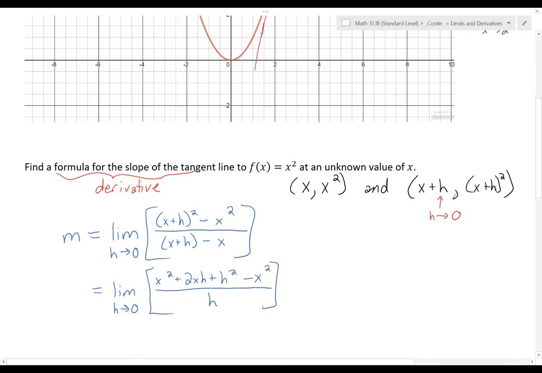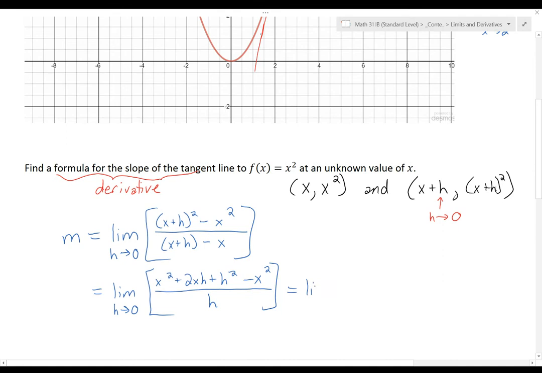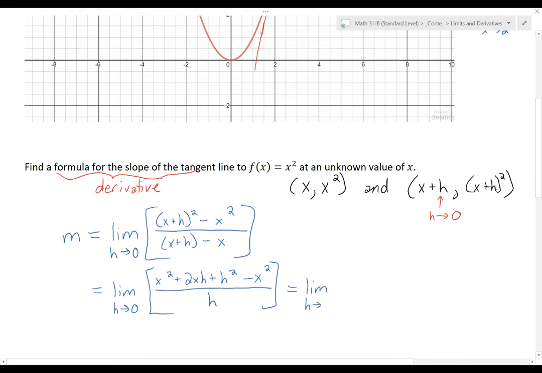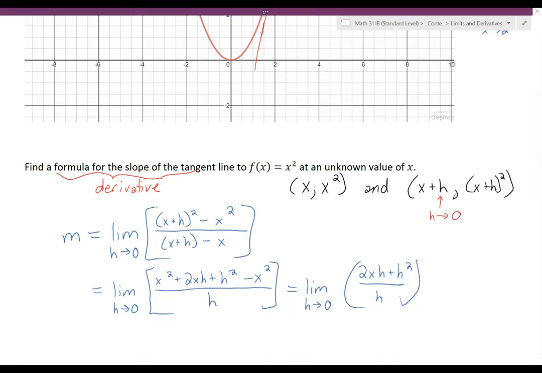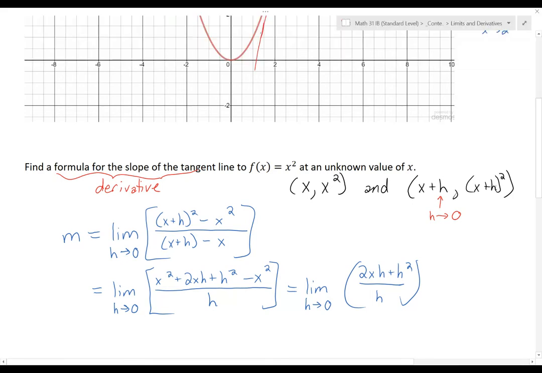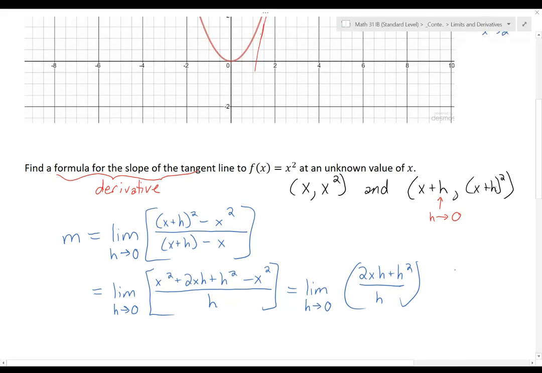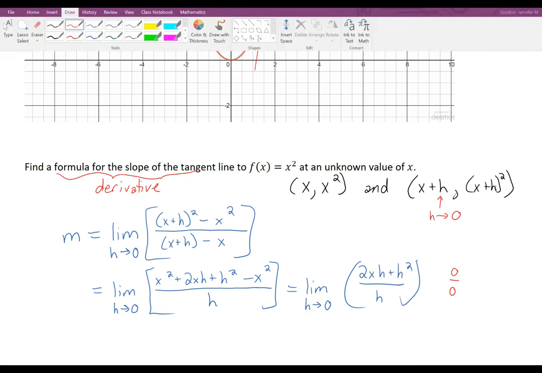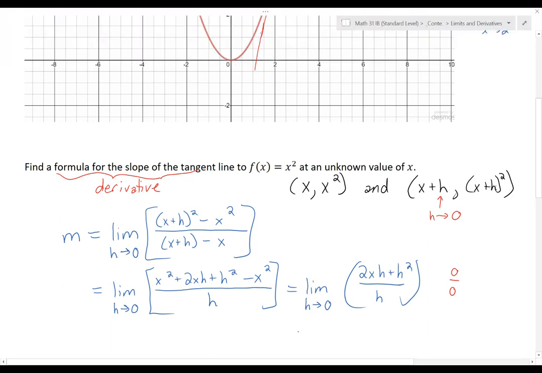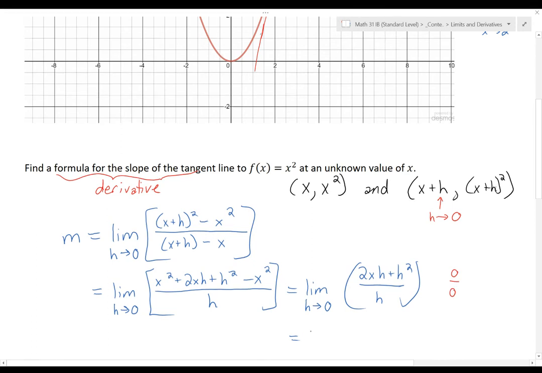Which again, I can simplify a little bit further because the x squareds in the numerator are going to cancel, and I have 2xh plus h squared over h. I want to check this to see, well, can I just substitute in h equals 0? And I can't because the numerator would be 0 and the denominator would be 0. But I'm not done simplifying this expression because there is a common factor of h in the numerator.